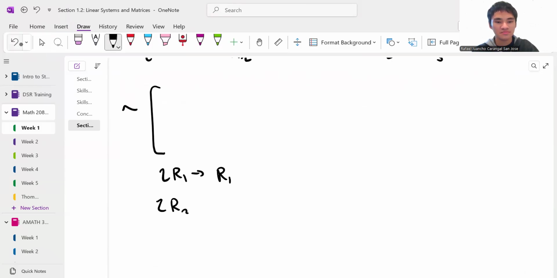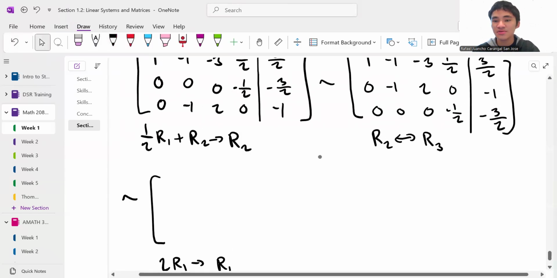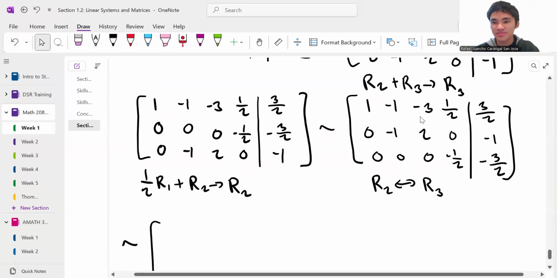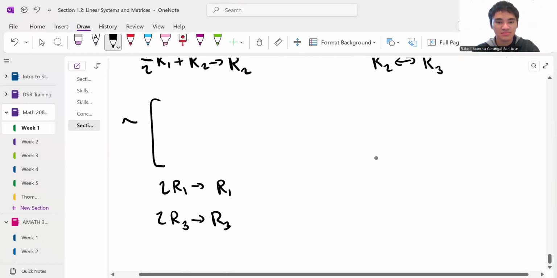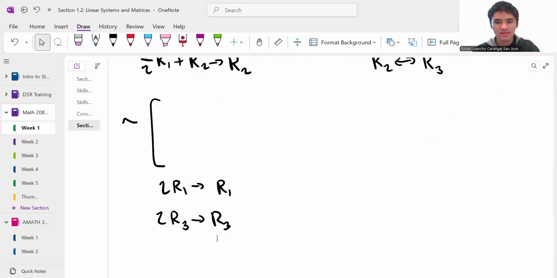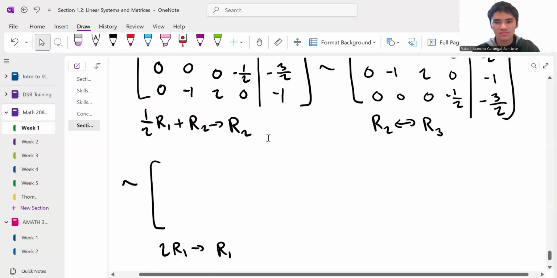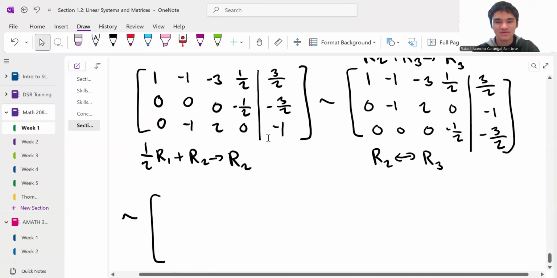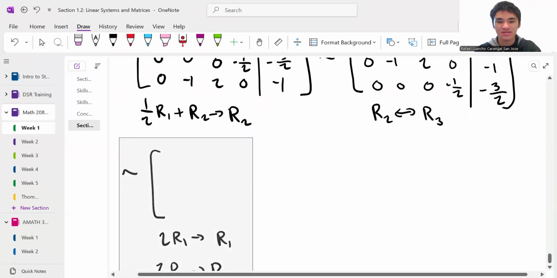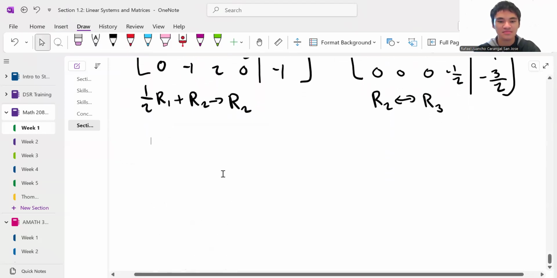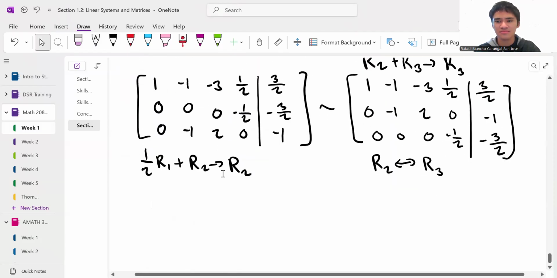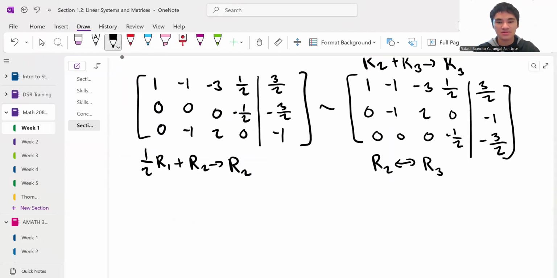Oh, no, shoot, row 3. Okay. From textbook. Yeah, I could multiply all of these by 2 just to cancel out that fraction and make it nicer. Or actually, it's fine. I'll stick to this. I'm okay with fractions. So anything else?